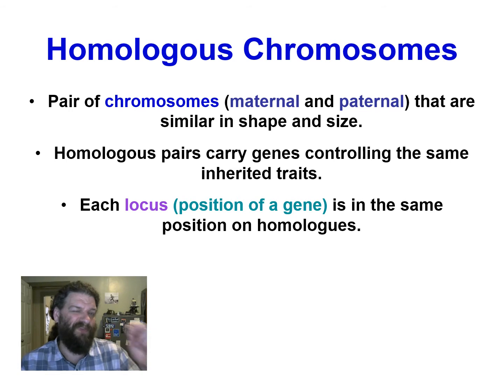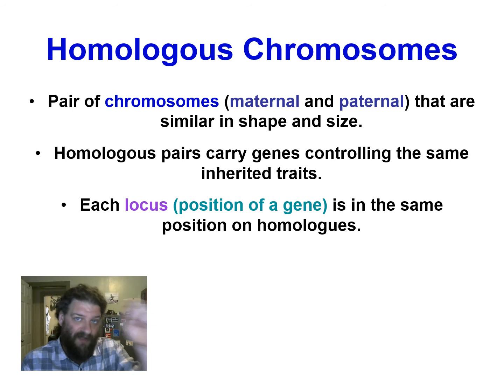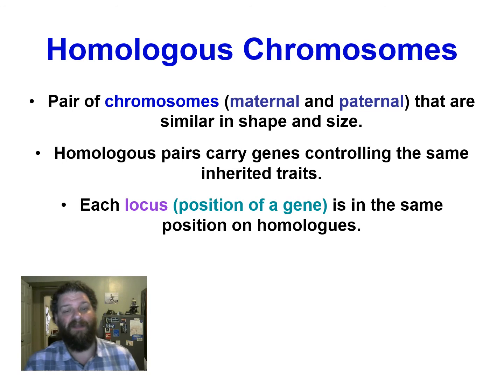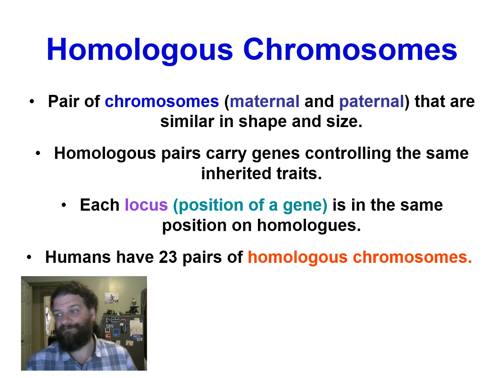We talk about that position on a chromosome as a locus, where we're going to find a particular gene. So at each locus on those two chromosomes, you're going to find the same characteristic, although it might be a different allele. That means then that we have 23 pairs of homologous chromosomes. Well, if you are a girl, traditionally as determined at birth, then you have 23. If you're a boy, you have 22 pairs of homologous chromosomes and one pair of non-homologous chromosomes.